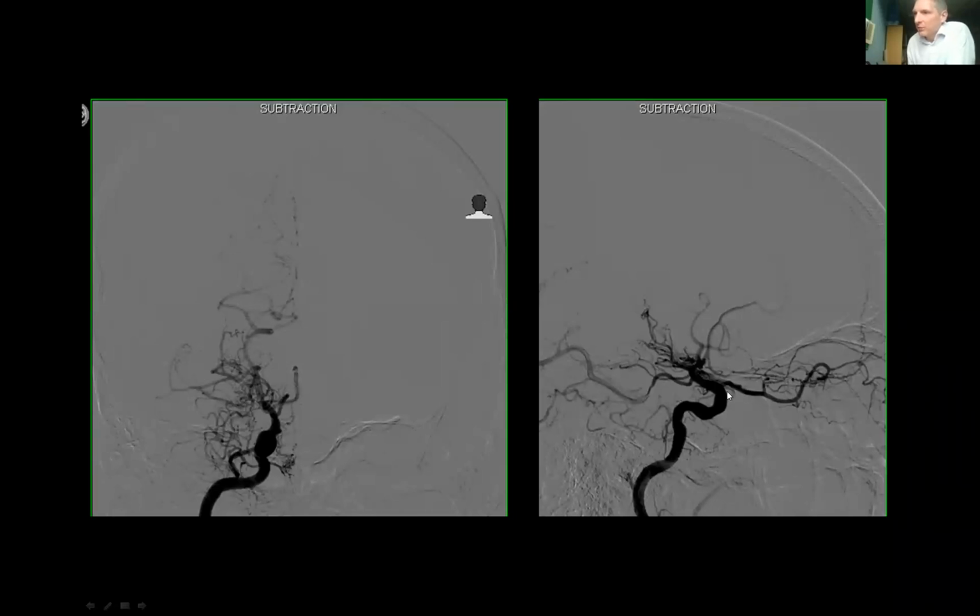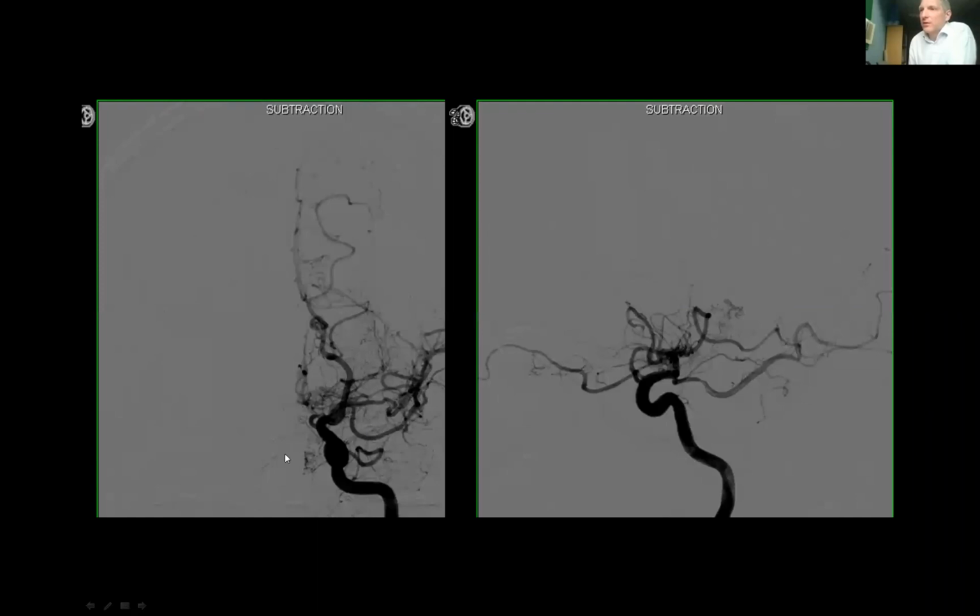And then what would this be? It would be the PCOM. Yeah, and just distal to it, the anterior choroidal. So we can see there's a fairly big PCOM there, isn't there? But again, we're not really seeing the MCA branches as we'd normally expect to here, are we? Mm-hmm. No. And then this is the left side, and it's very similar findings, really.